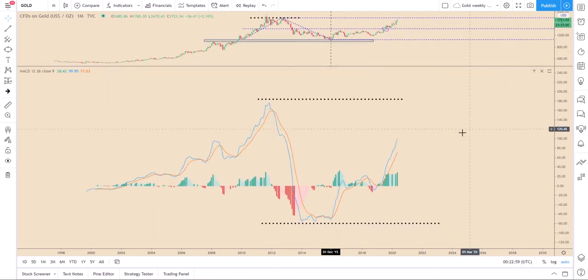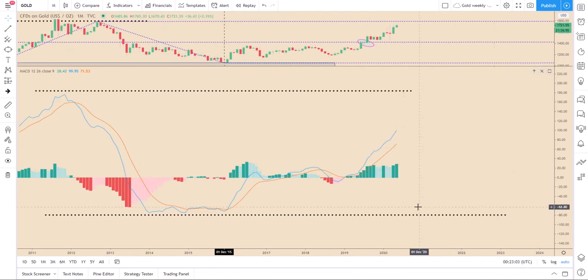Let me make a final point on MACD before we move on. When we're looking at the MACD indicator, first thing we look at is where is the orange line here, the signal line, relative to the blue line, the MACD moving average?